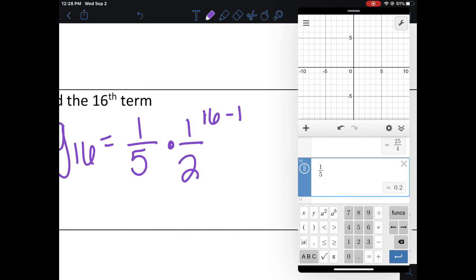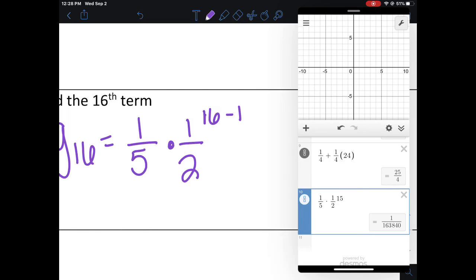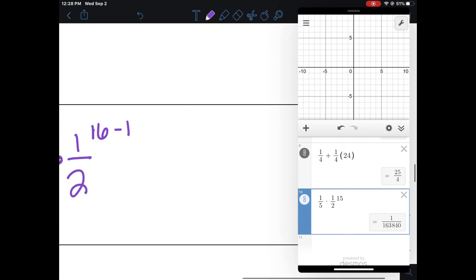1/5 times 1/2 to the power 15. And that's a pretty nasty looking decimal there. Let's see if we can turn that into a fraction. Pretty ugly fraction still too, but a little bit nicer.